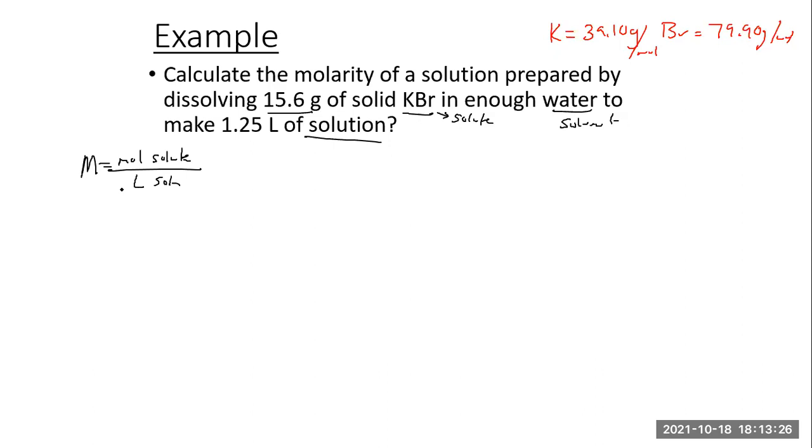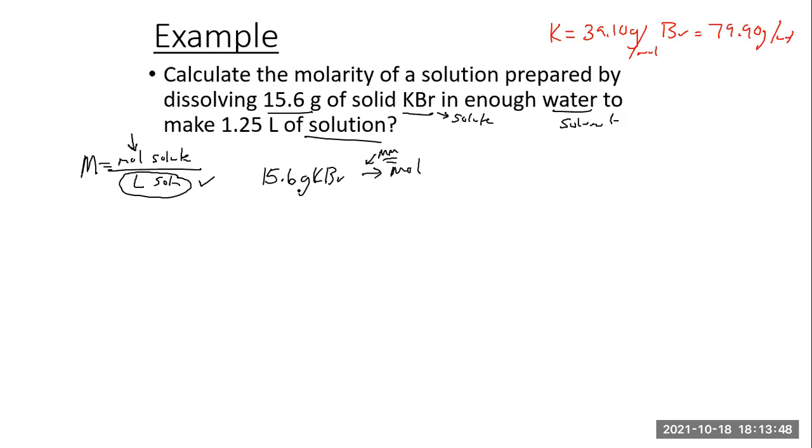So we have the liters of solution part. We do need to get to the moles of the solute. That we don't have, but we do have 15.6 grams of KBr, so we should be able to convert that to moles.